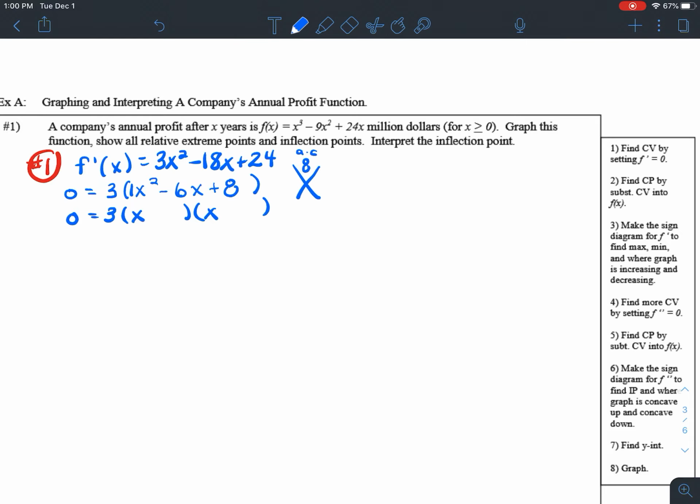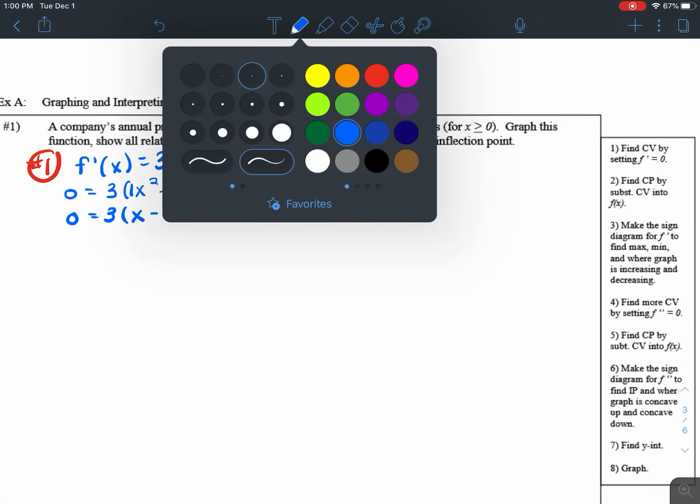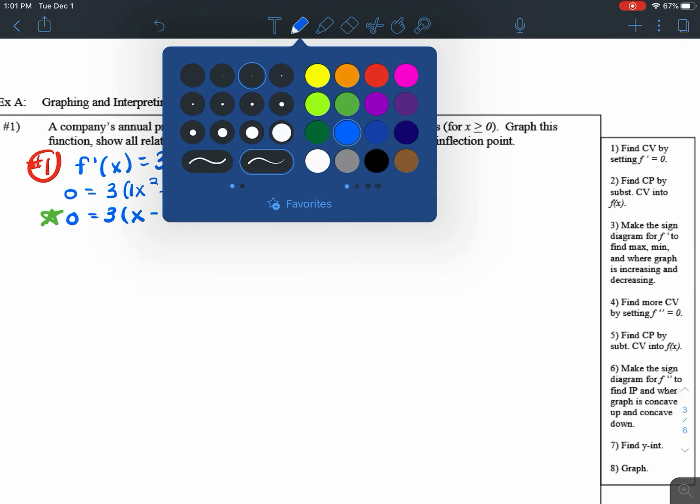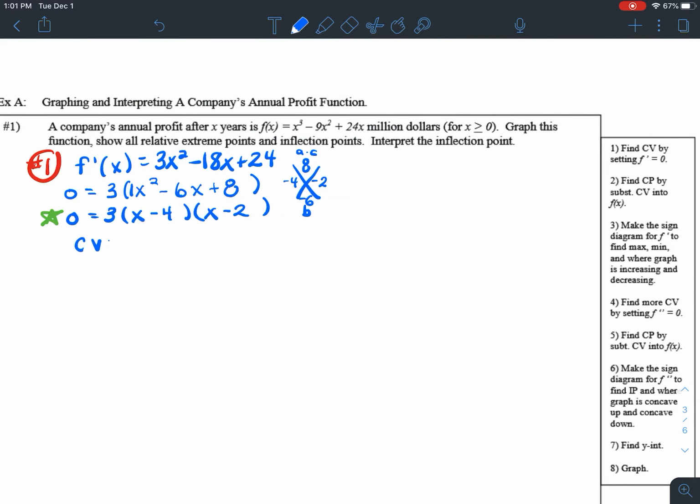We want to think of 2 numbers that multiply to be a times c, that'd be 8, but add together to be the b, that would be -6. Those 2 numbers should be -4 and -2. So we'll put one here, one here. I'm definitely going to be putting a star next to this step because I want to come back to my factored form of my derivative when I'm doing my first derivative sign diagram.